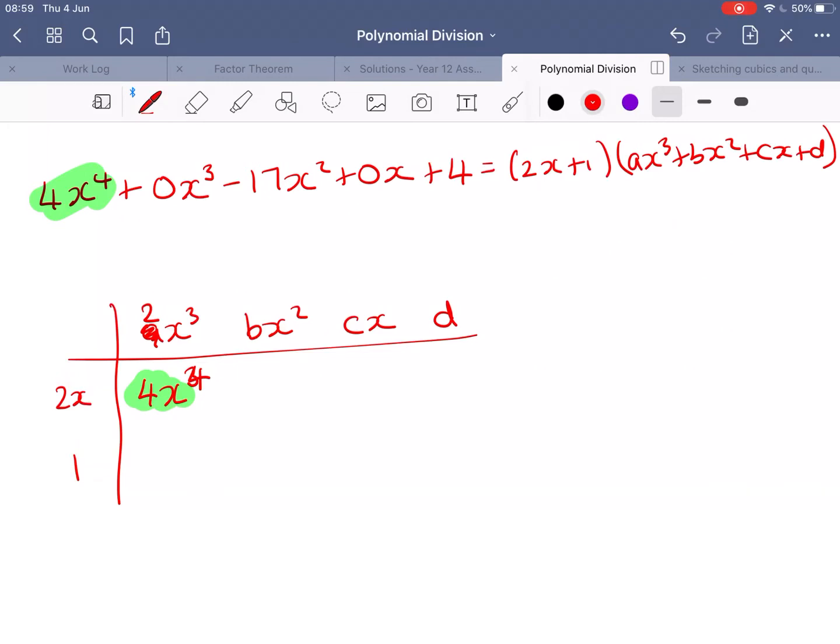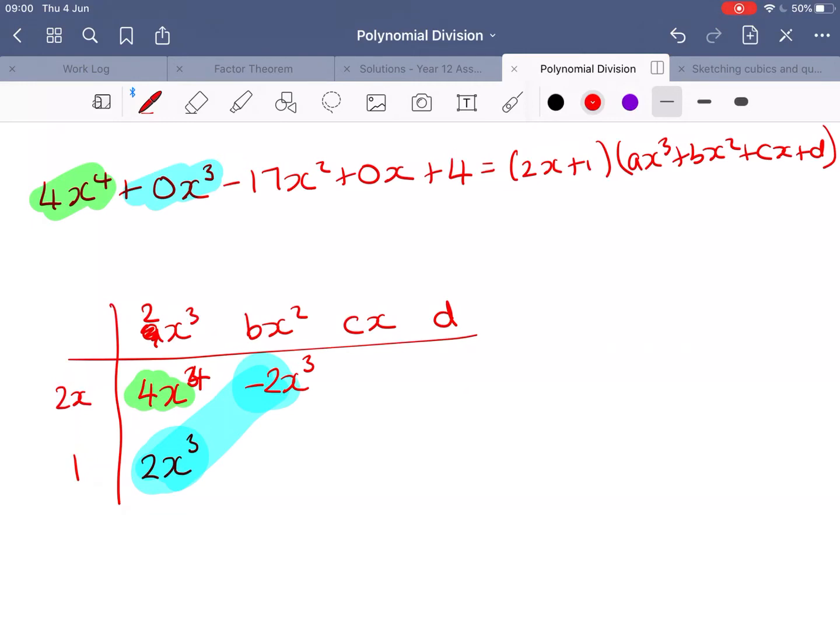Fill in the column. So I've got 2x cubed times 1 makes 2x cubed. Now then, this is where it's really important to write these 0x cubes in because I want no x to the power 3, no x cubes. And my x to the power 3 comes from here and from here. So that means I need to do a minus 2x cubed there because I want to get rid of those 2x cubes that I got previously.